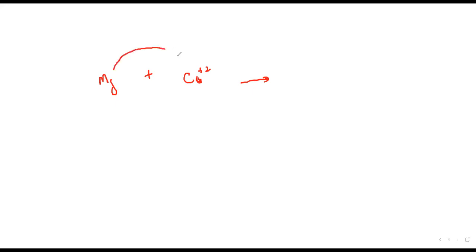Magnesium is more reactive, and more reactive metals tend to lose electrons. So magnesium will lose 2 electrons and copper will gain those 2. It will form a magnesium ion with a charge of +2 and a copper atom. Why did we not write 2 here? Because the 2 electrons lost by magnesium are both gained by the copper.